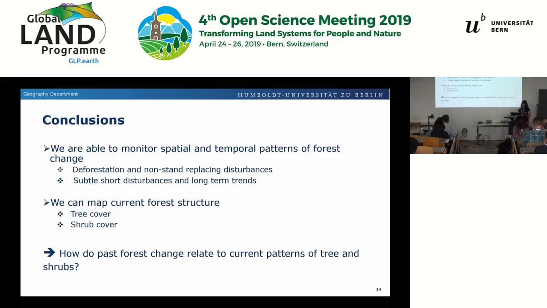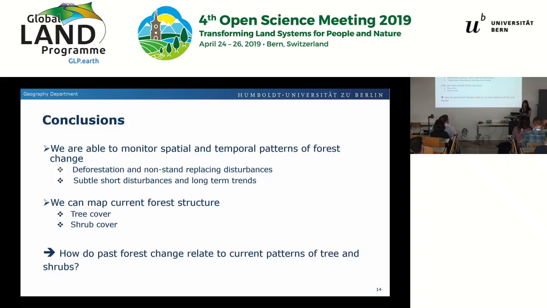So to conclude, we are able to monitor spatial and temporal patterns of forest changes, both stand-replacing and non-stand-replacing disturbances, and this is, I think, pretty interesting. We can also capture subtle disturbances, for example, the ones related to selective logging that are more tricky to monitor.